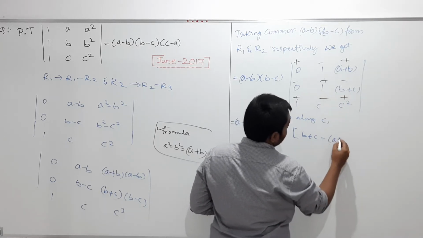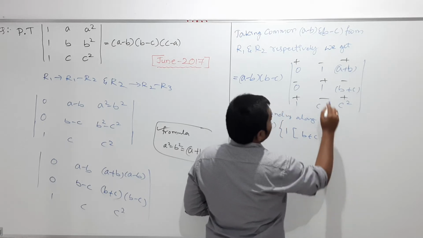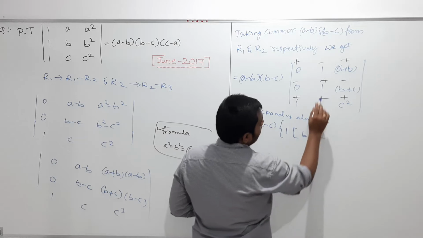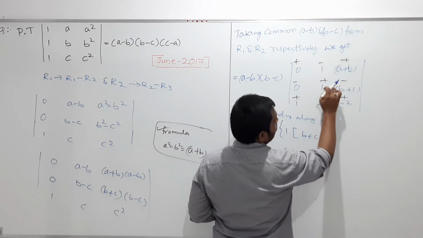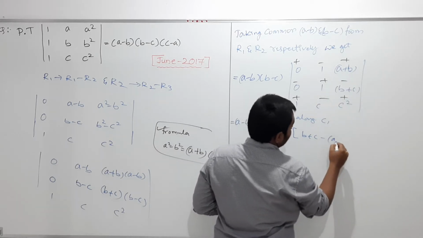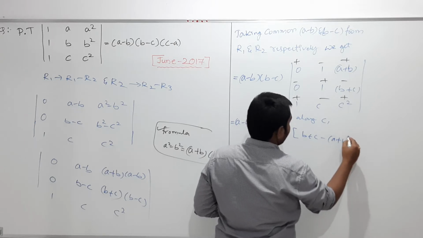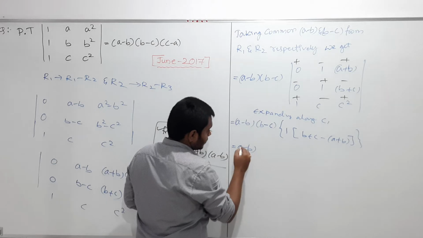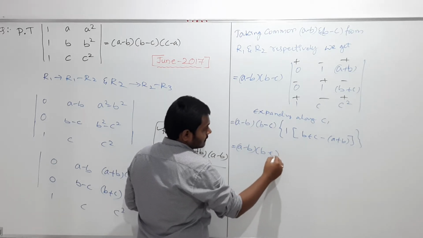So 1 into (b plus c) is b plus c, minus 1 into this element, so minus of (a plus b). So further simplify this, you will get (a minus b)(b minus c).